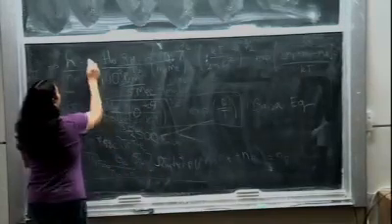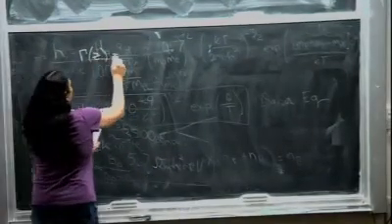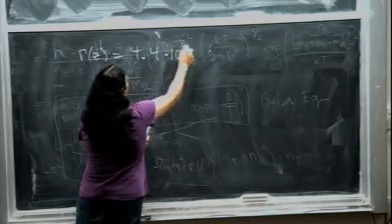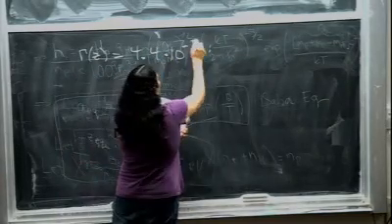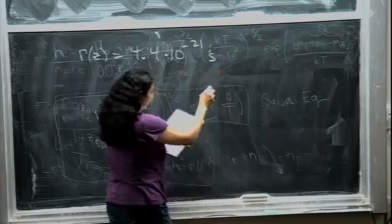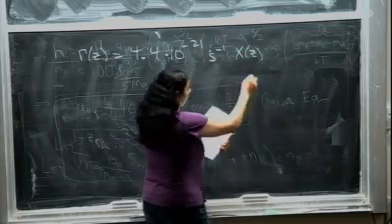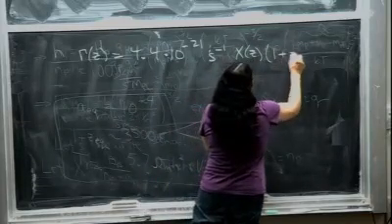So our rate is going to be 4.4 times 10 to the minus 21 inverse seconds times our x of z and our 1 plus z cubed.